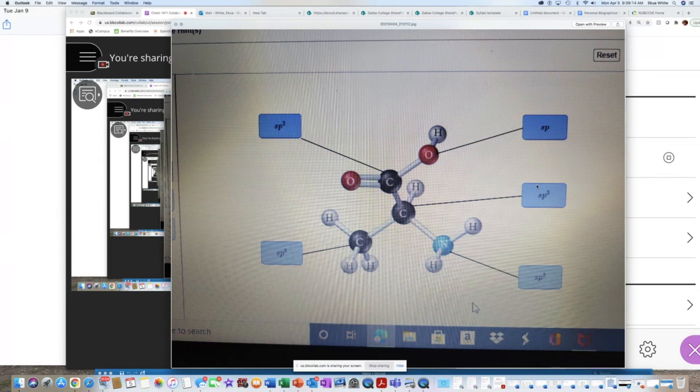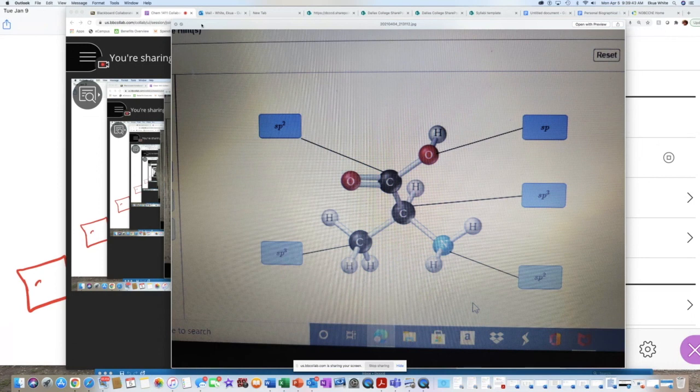The nitrogen. Okay, that one's hybridization. Then this carbon. This is hybridization. Okay, I think I got all of them.